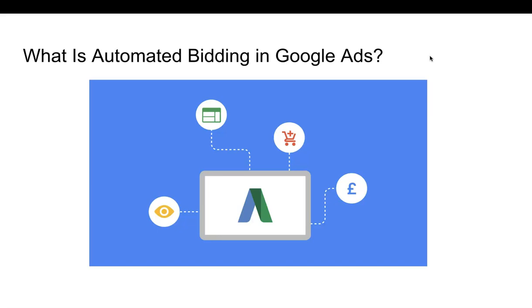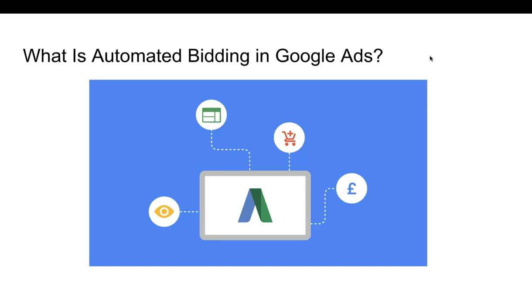Instead of consistently adjusting your bids by hand, Google's algorithm analyzes hundreds of real-time signals like your device, the time of day, location, and much more, so that you can set the optimal bid for each auction.